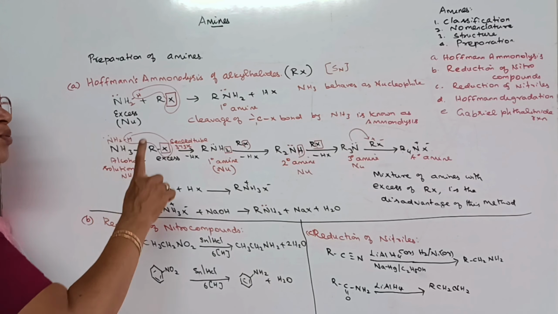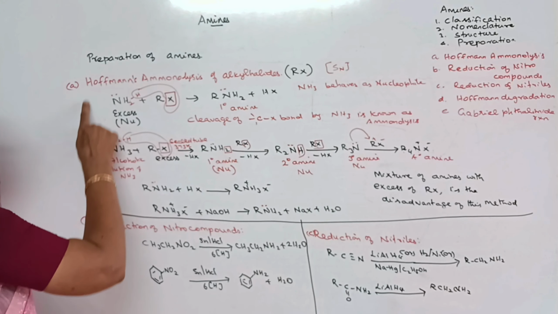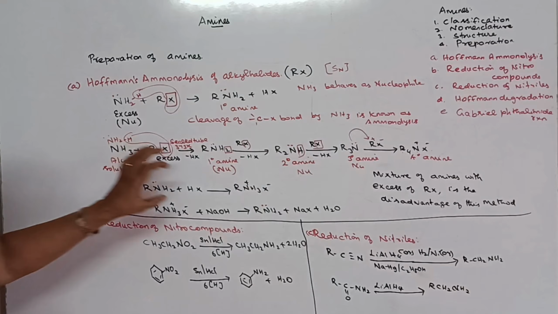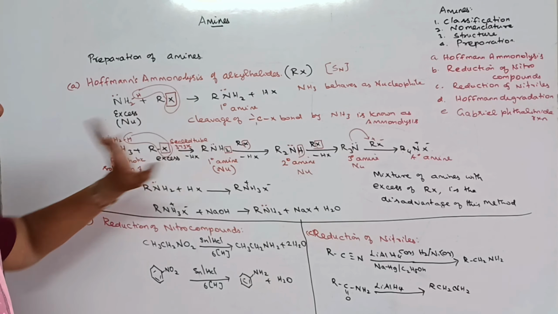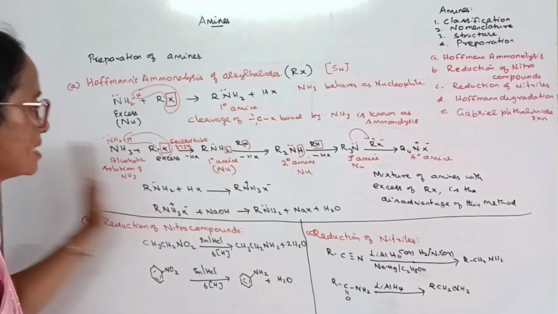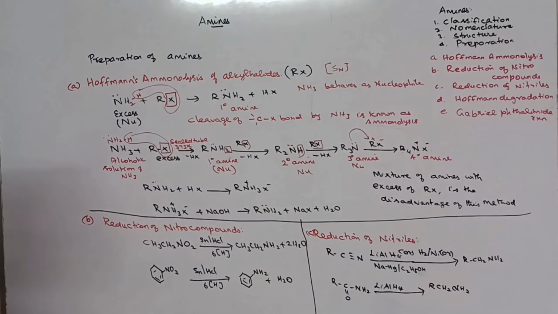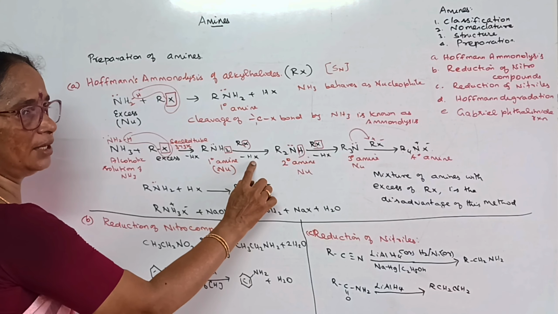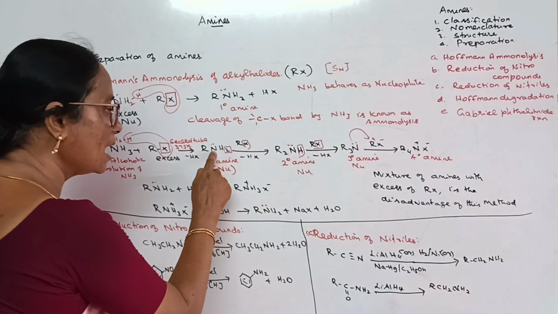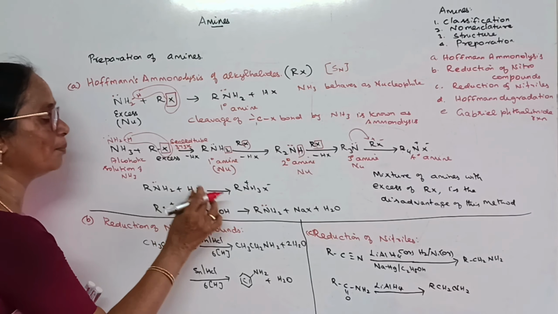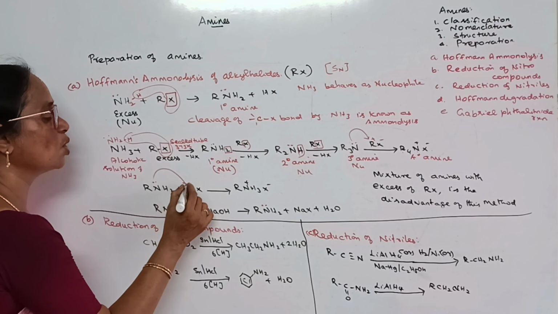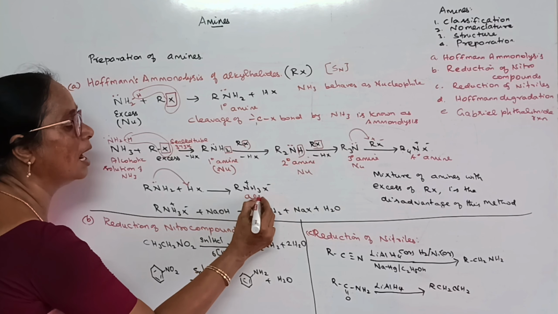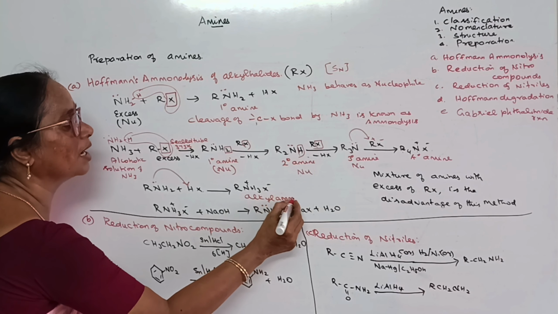If you want to prepare only one kind of amine, you have to take ammonia in excess. Suppose the primary amine is produced and I have to extract it from the reaction mixture. What can I do? The alkyl amine can react with the hydrogen halide byproduct in such a way that I get RNH3+ X−, the alkyl ammonium halide.